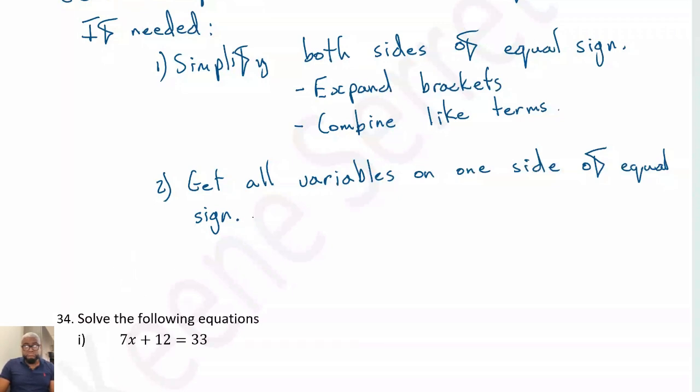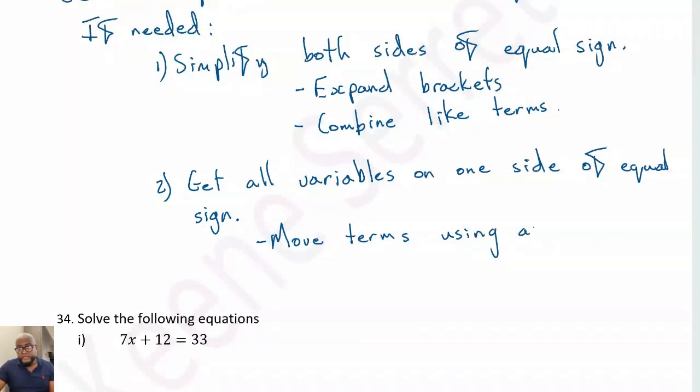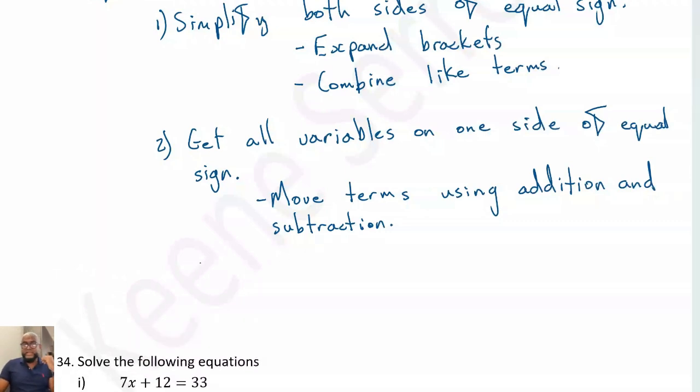Expand brackets, combine like terms, get all variables on one side of the equal sign. Right? So you move terms using addition and subtraction, right? Okay? So you're getting all variables on one side, and simultaneously you also have to get all numbers on the other side, right?